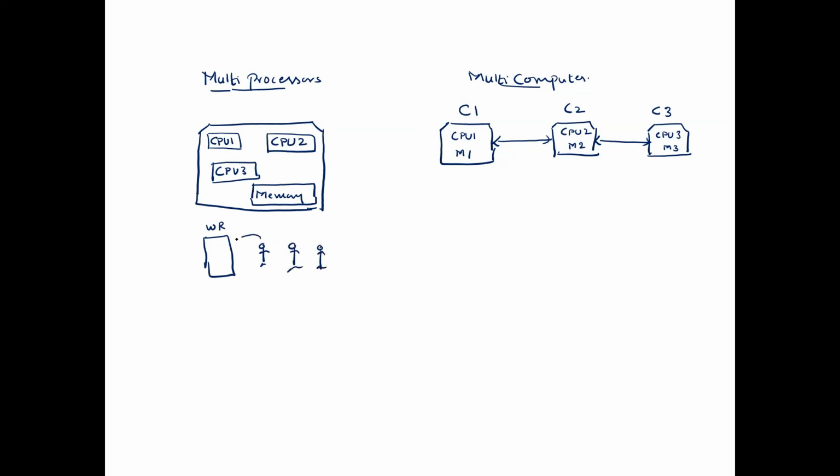If person 1 is using the washroom, when he enters, the door is latched, right? The second person cannot enter. So this resource is only one, common to all 3. The washroom can be used by the second person only when the first person comes out.